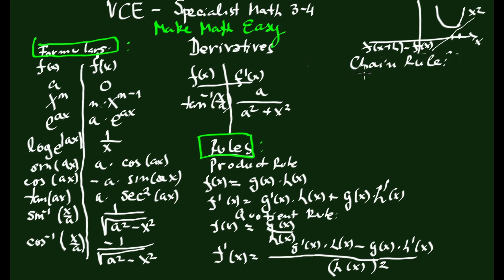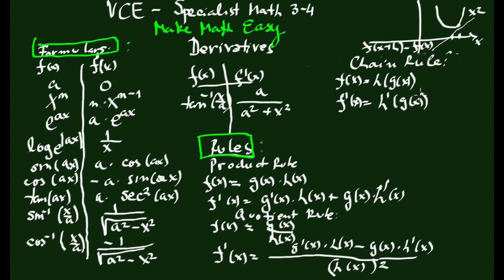Our chain rule states that when we have a function f of x that's embedded, you have one function embedded in the other, like say h of g of x. So g of x is embedded instead of the independent variable. Then f prime of x is h prime of g of x.